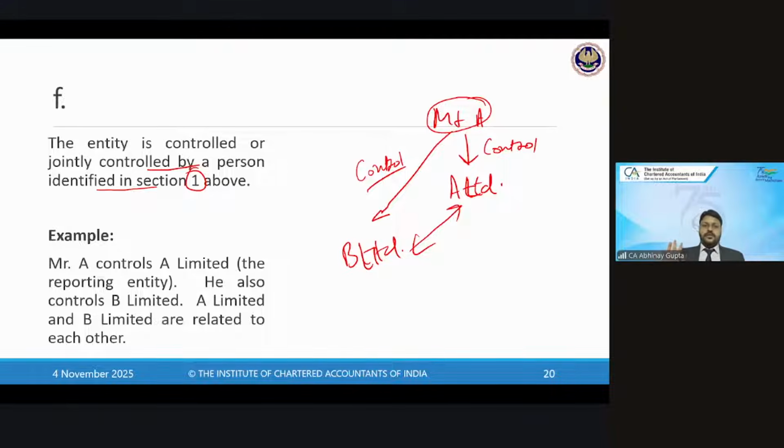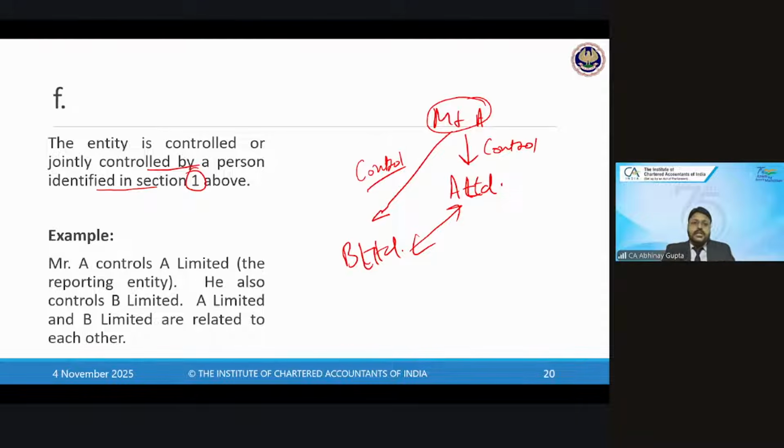So prima facie, first of all, you need to divide all the relationships into two categories. Number one, driven by individual. Number two, driven by body corporate. Driven by individual, we have a separate discussion: the individual and close members of that family are related. Driven by body corporate are governed by three definitions: control, joint control, and SI. And then there are additional clauses, filling the gaps not covered by the three definitions, so nobody can abuse the definition of the relationship by identifying it solely on the basis of these three definitions.